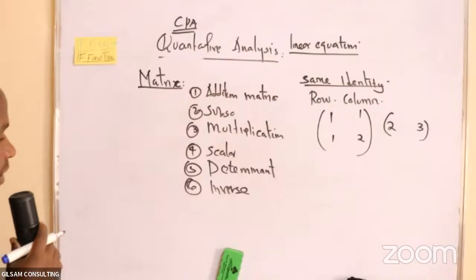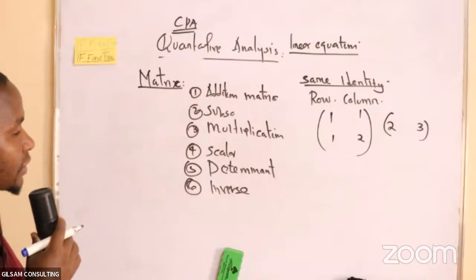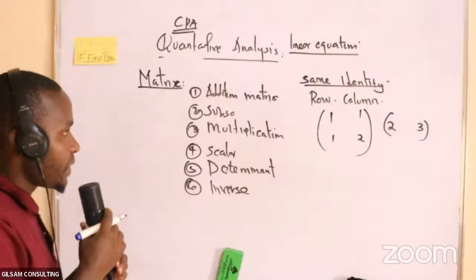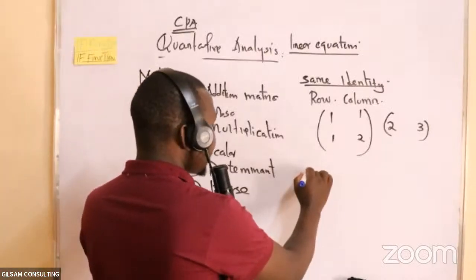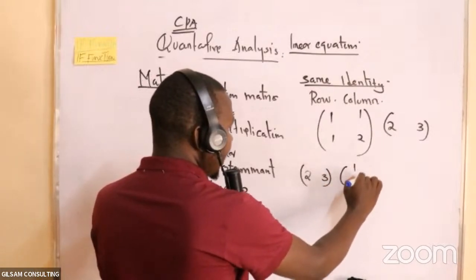How did you come up with that conclusion that it is not compatible? The first one is a 2 by 1. Or we can rewrite it in this form: 2, 3, 1, 1, 1, 2.